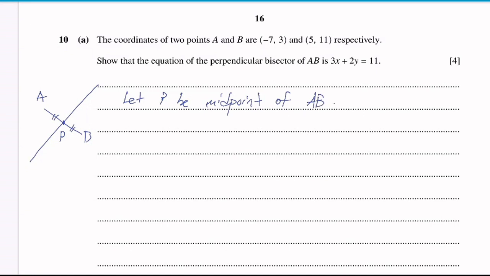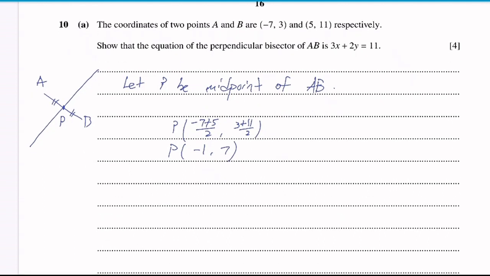For the midpoint, we just have to add the 2 points, A and B, together. Then we can get the point. So the P here is 2, sorry, -1, and then we have a 7. So this is the midpoint. And also we need to find the gradient first.